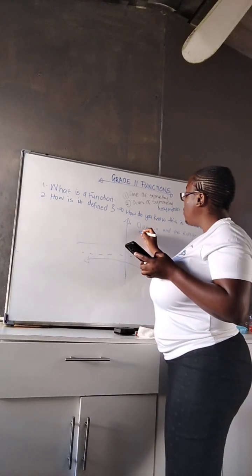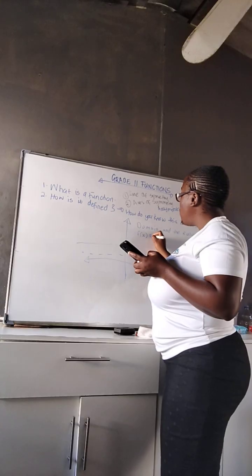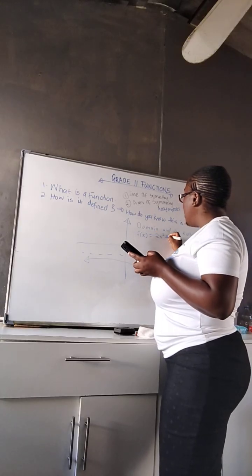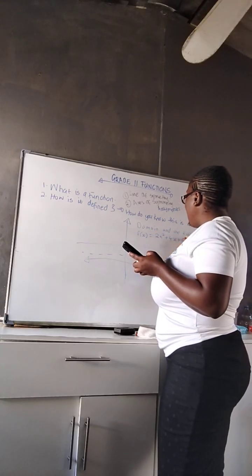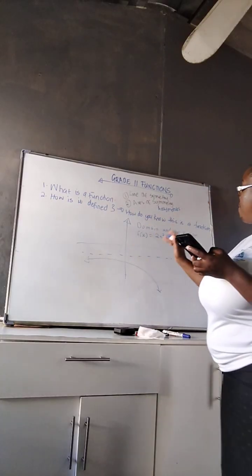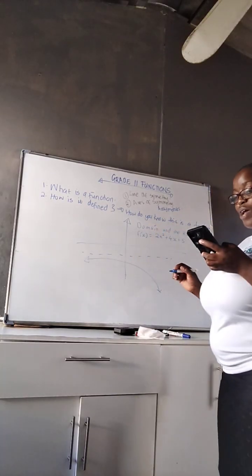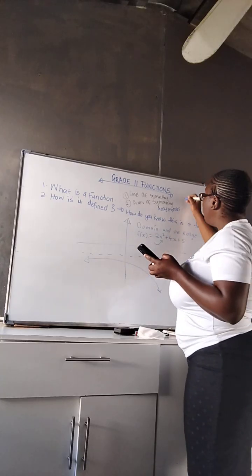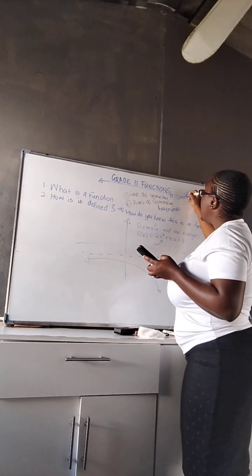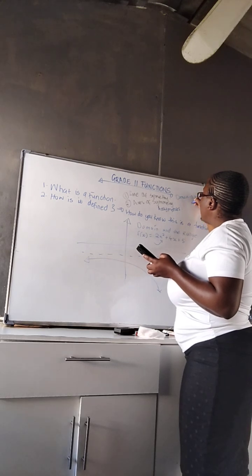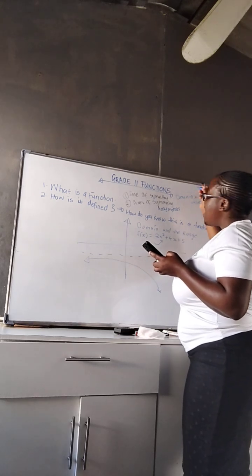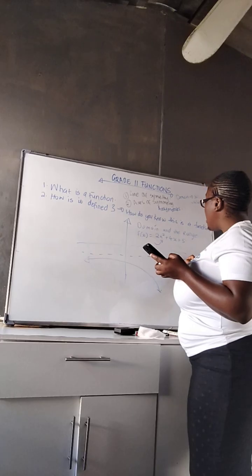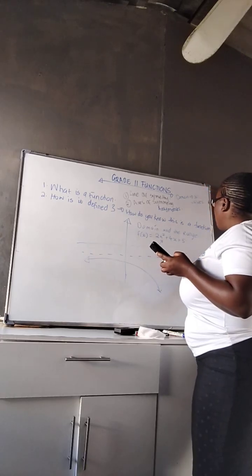For example, f of x is equal to 2x squared plus 4x plus 5. For the domain of this graph, we are looking for x values. So always remember that the domain is associated with x values, right? And then the range is associated with y values.